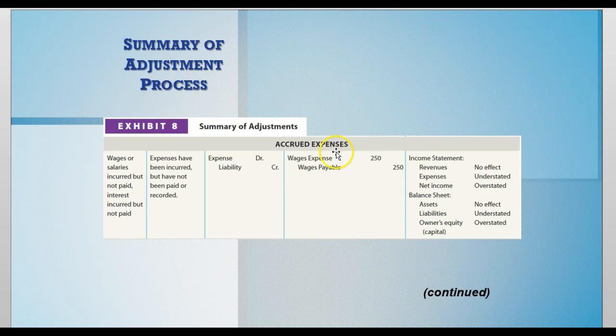So you have a wage expense, and then you create a wages payable. Again, you can see the effects. Your expenses would be understated, and then your net income would be overstated. Liabilities would be understated because you wouldn't have the payable showing, and then your owner's equity would be overstated because you've not reduced it with the expense.